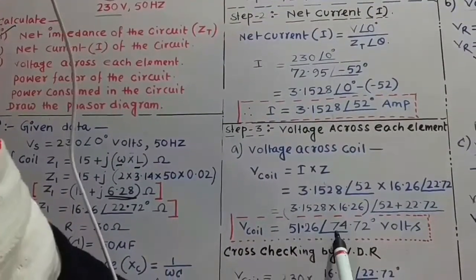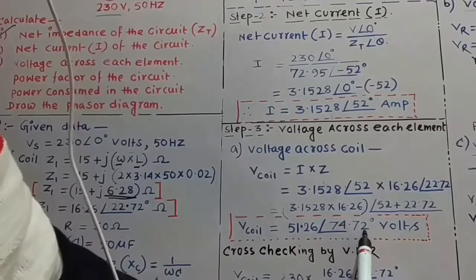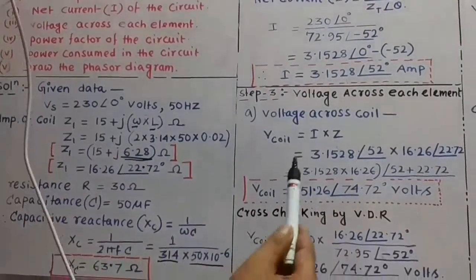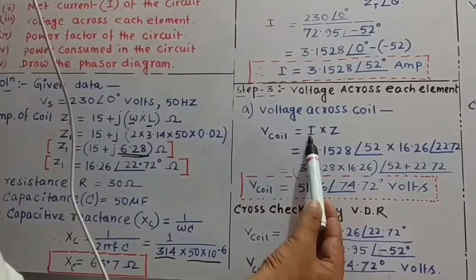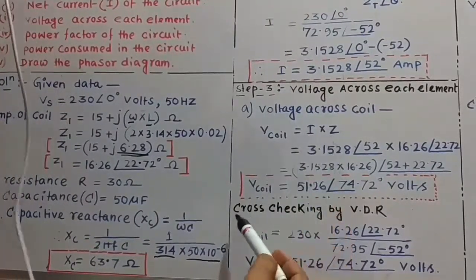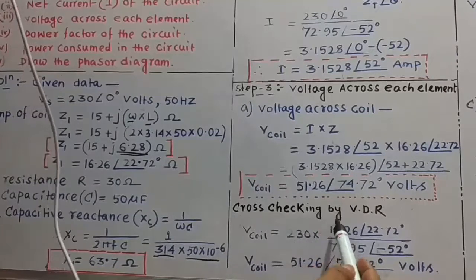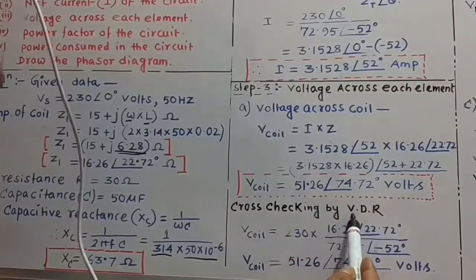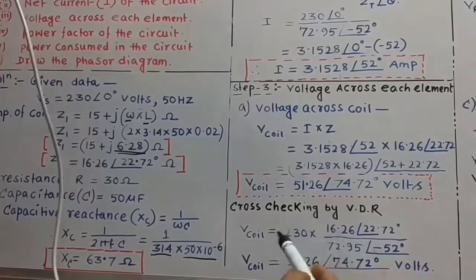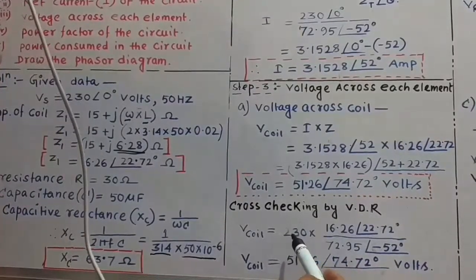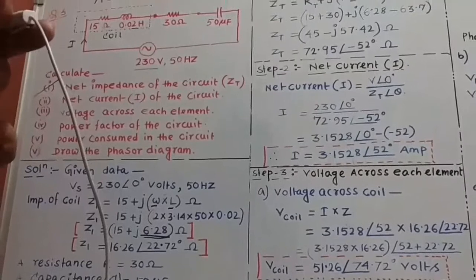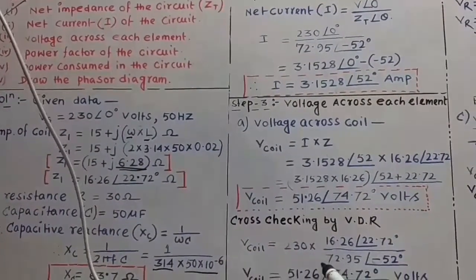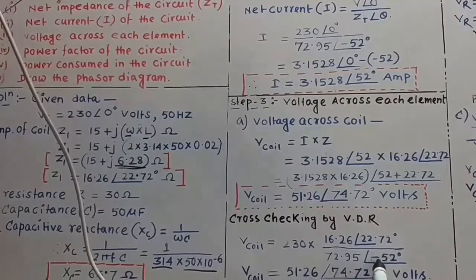51.26 angle 74.27 degree volts. So what I did, I multiplied current with impedance. You can also cross check the amount of the voltage by voltage division rule. So total voltage in the circuit into impedance of the coil divided by total impedance of the circuit.